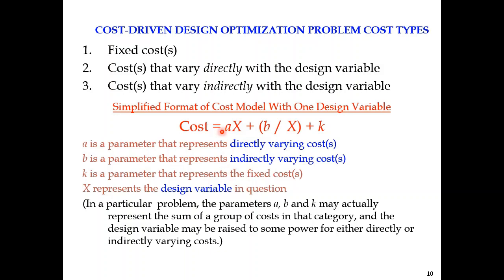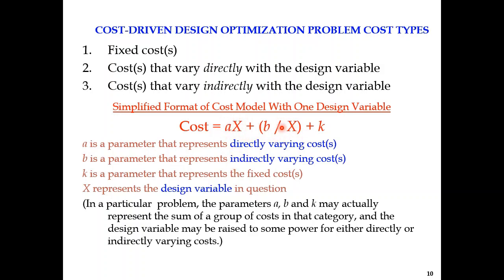So in a problem, these directly varying costs or indirectly varying costs, maybe they have different categories or subcategories. Okay, but when we add up all those directly varying costs, we obtain this part AX.